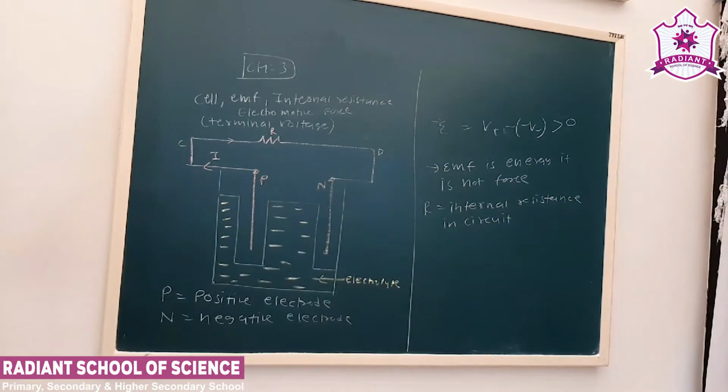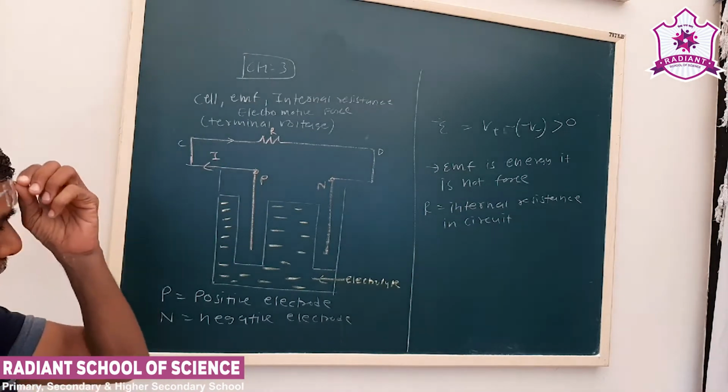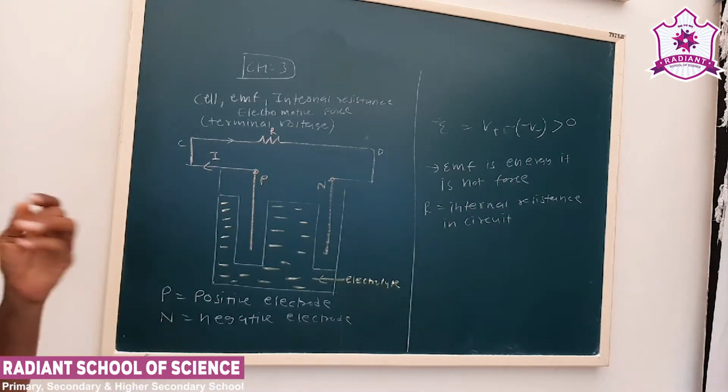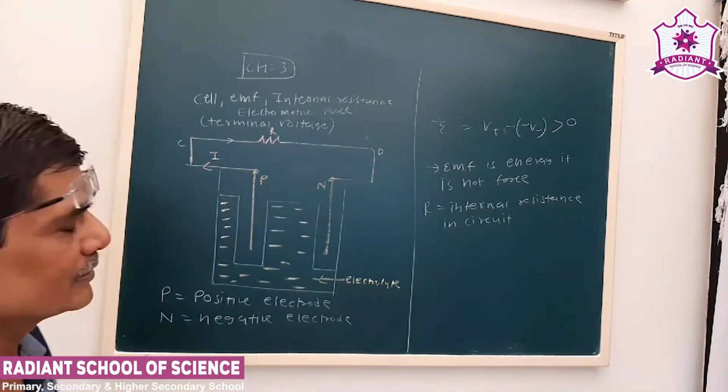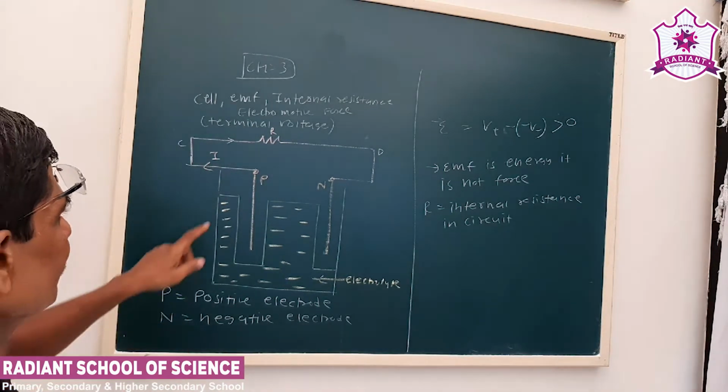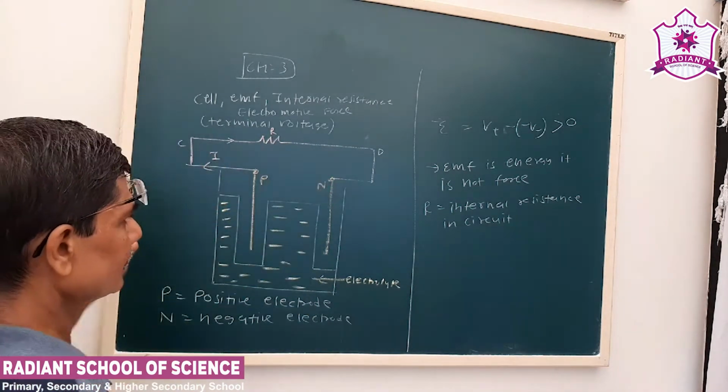Now see the current from P to N, that is the current through the external resistance, will flow like this.